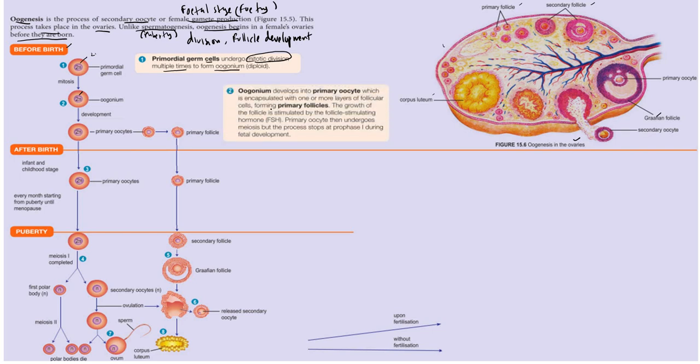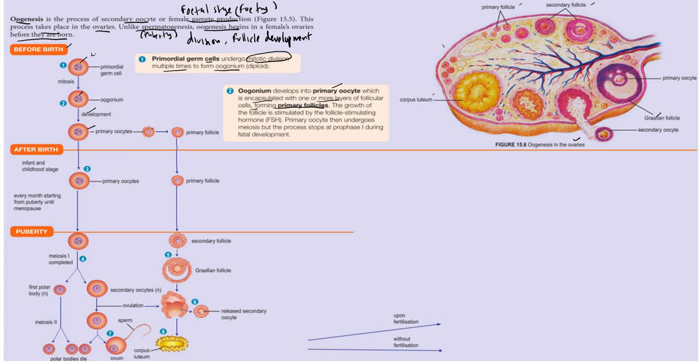Later, oogonium develops into primary oocyte, which is encapsulated with one or more layers of follicular cells, forming primary follicles. Here, when oogonium develops into primary oocyte, it is still 2n. This is how the primary oocyte looks under the microscope.